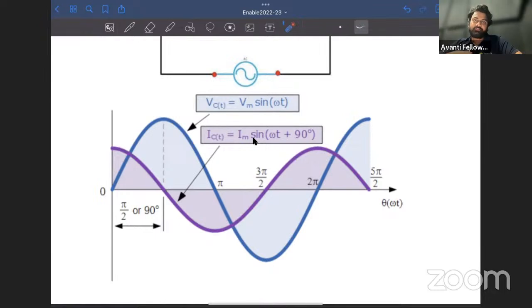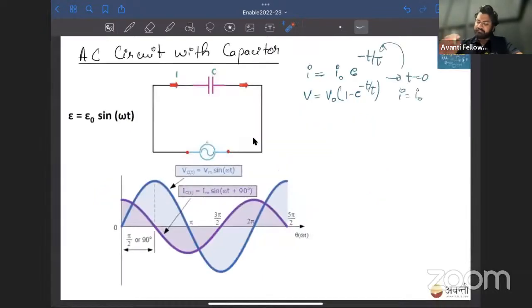Who is moving first, taking the steps first, current or voltage? Current is leading. Current has started already; voltage is 0, current has started already. So in case of capacitors, current leads by 90 degrees.